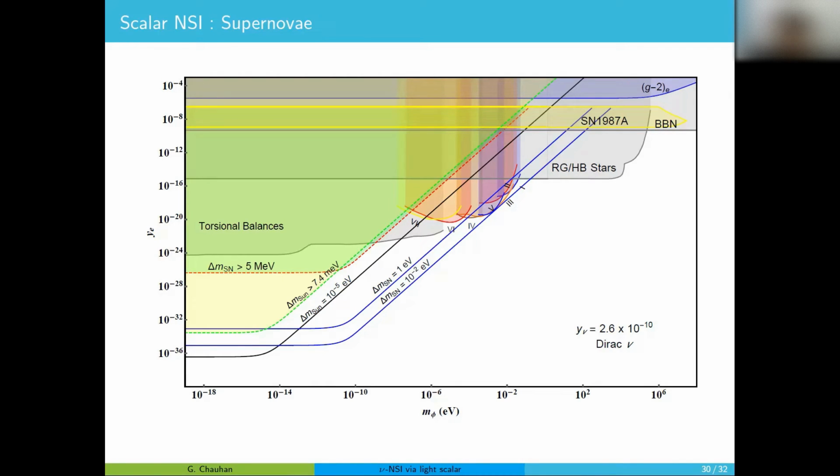Sorry, I lost a bit the question of Pedro. So these black and blue lines are not constraints. You are just giving an example: if the mass was this one, this would be it. Yes, that's exactly what it is.